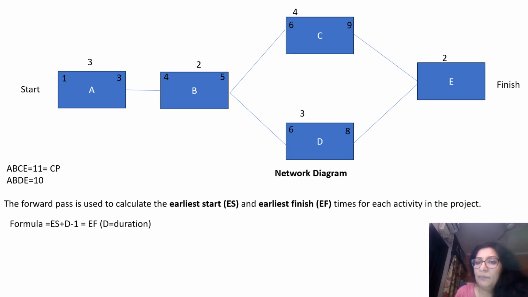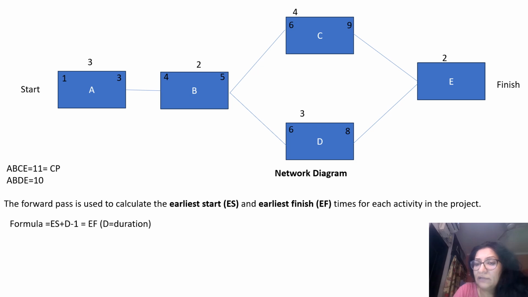So pick the highest number. This is one trick which you can remember, or you can do by your understanding that activity D is going to be completed on the eighth day, but activity C is going to complete on the ninth day, and E has dependency on both the activities, so the largest will be picked up.